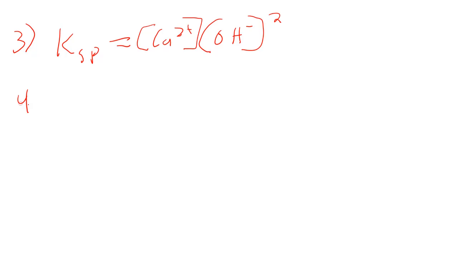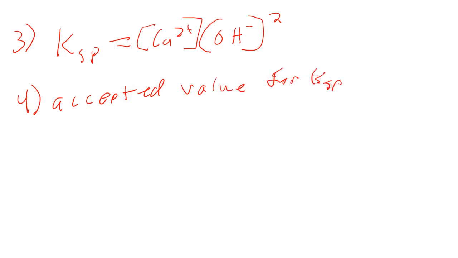In step 4, you're going to look up in your textbook what the accepted value for the Ksp of calcium hydroxide is. So there's a section in the back of your textbook that shows you accepted Ksp values. You're going to look that up, and then you're going to calculate your percent error.